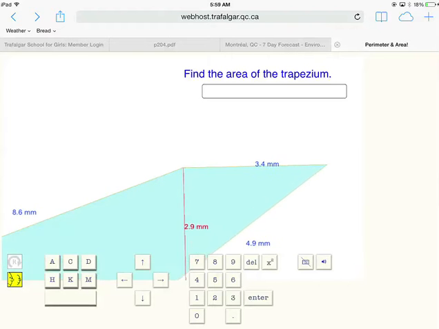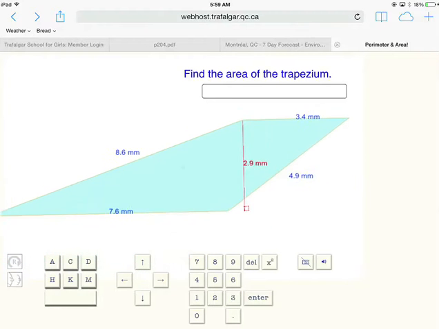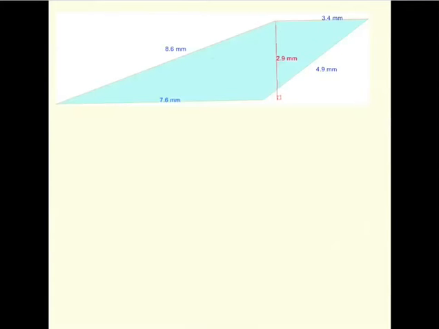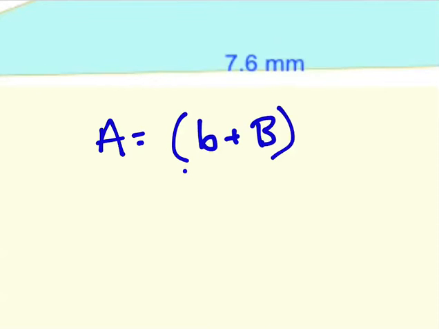So for this shape, now we just move it like that. And then let's go find out the area of this. So the formula for the area of a trapezium is the area is the average of the bases. So little base plus big base divided by 2, and then that multiplied by the height.